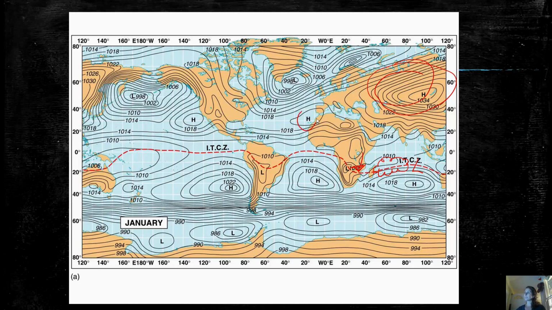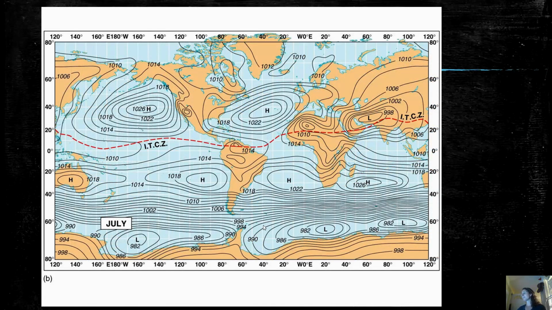Notice how weak the system is here off of West Africa, how weak it is over the west coast, and how strong this low pressure clouds and rain system is on our coastline. So this shifting to the south should indicate to you winter months for the northern hemisphere.